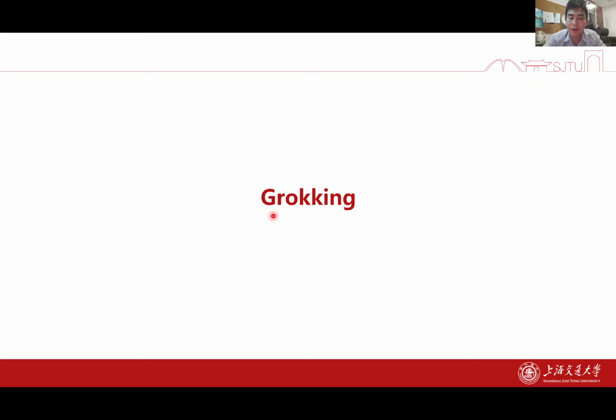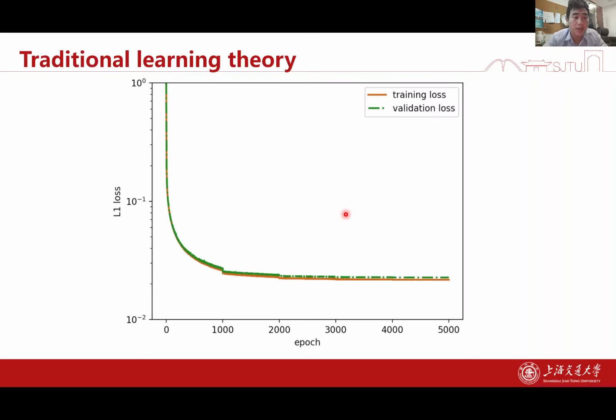The next phenomenon we want to introduce is called grokking. Before that, let's revisit what we might think the training loss and the test loss will be. Here's a typical example. During training, the training loss, indicated by this orange line, will continuously decrease, and so does the test loss.